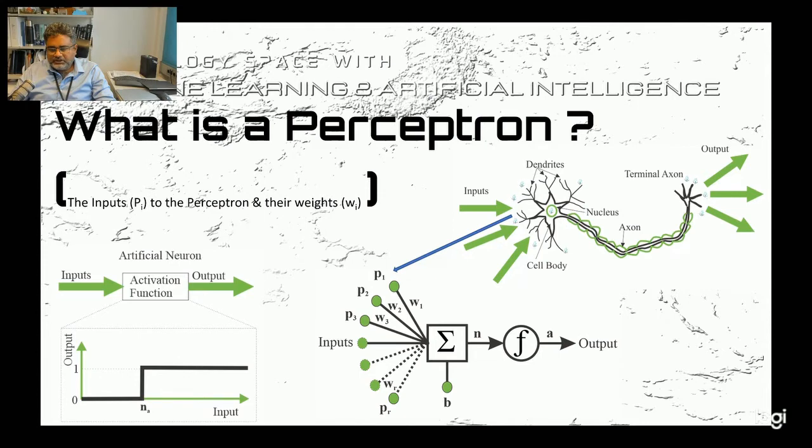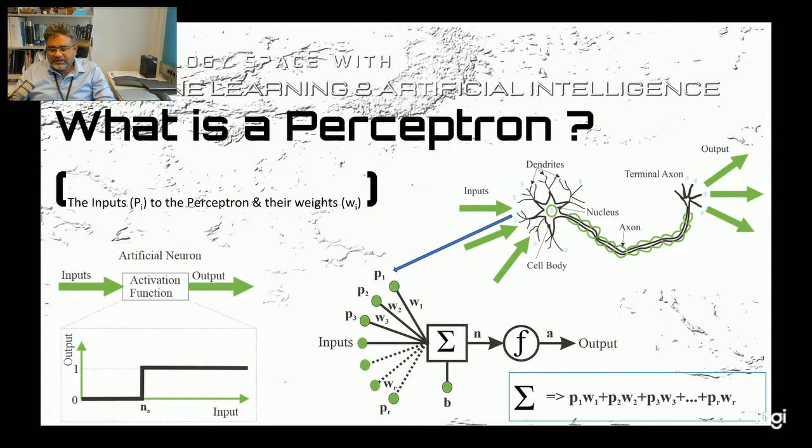Each input coming into this neuron is multiplied by a weight factor, which is represented by W. So W consists of W1 to WR, meaning R number of weight factors are multiplied by each one of these inputs coming into the perceptron.